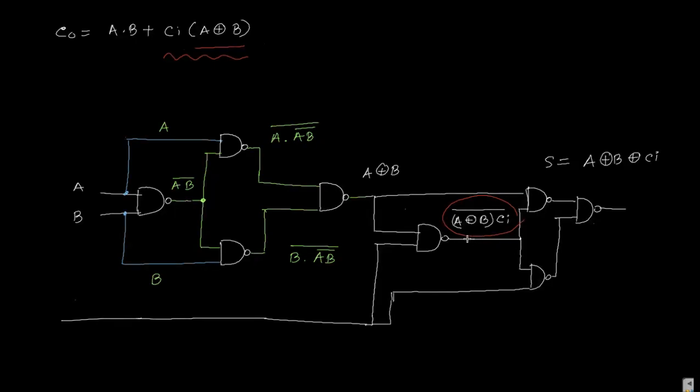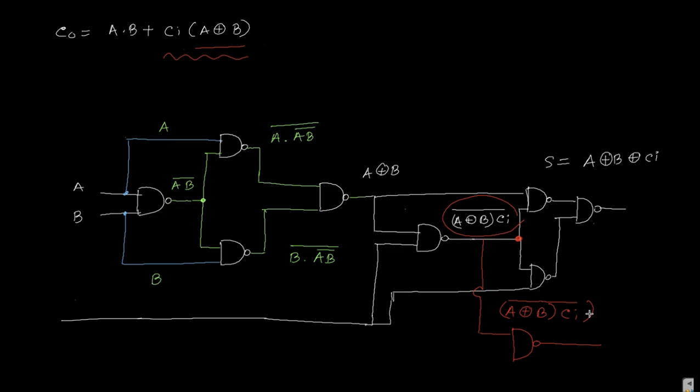Means this expression is, the output is over here. So if we take the output from here, then the input is nothing but A, this input is A XOR B and Ci, and as there is a bar, it has a bar.